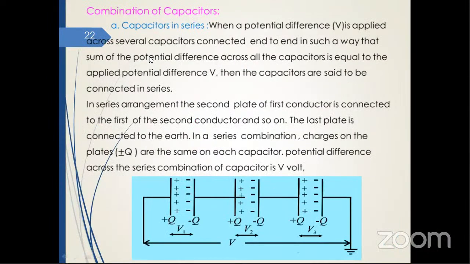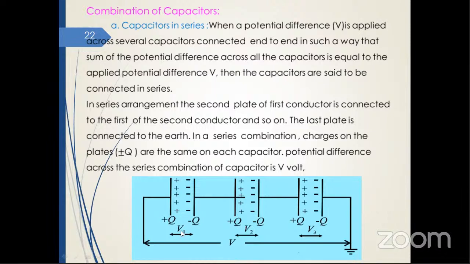Now see the combination of capacitors. We combine these capacitors in two ways. First one is series and second one is parallel. Capacitors in series: when a potential difference V is applied across several capacitors connected end to end in such a way that the sum of potential differences across all the capacitors is equal to the applied potential difference.